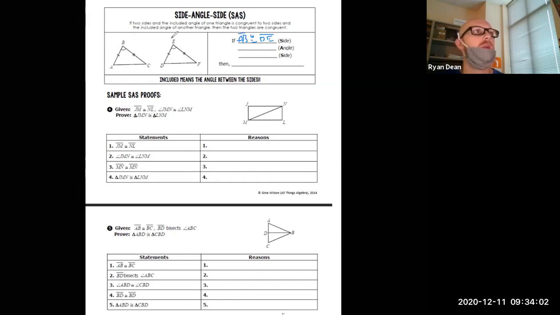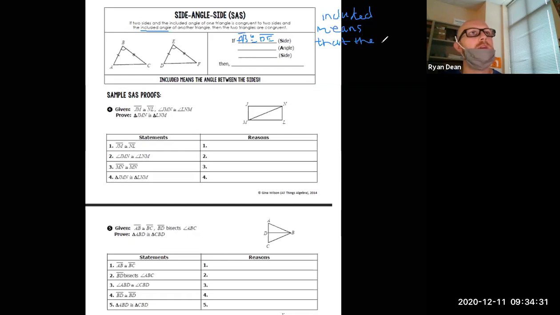Included just means that it connects the two congruent sides together. So we need to write that down. Included means that the angle connects the two congruent sides together. In other words, the included angle is going to be touching the two congruent sides.